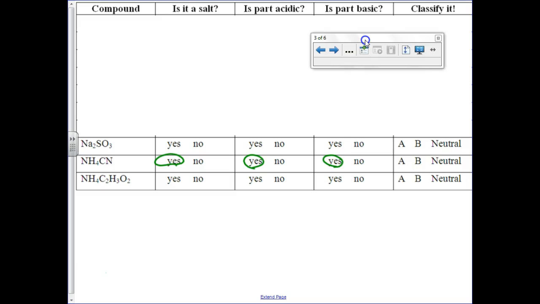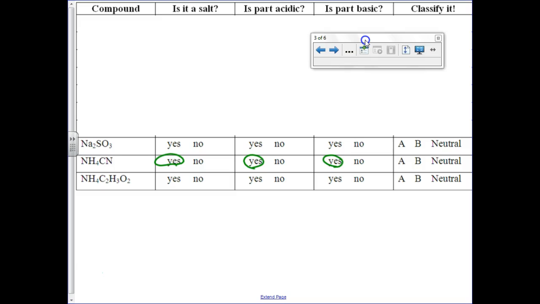You should have that from last Thursday. 5.6 times 10 to the negative 10? Okay. What's the Kb, the base strength of cyanide ion? 1.6. That was the debate last week. 1.6 times 10 to the negative 5th.